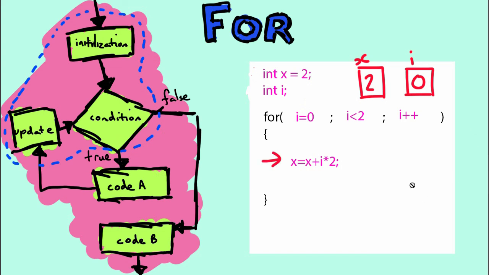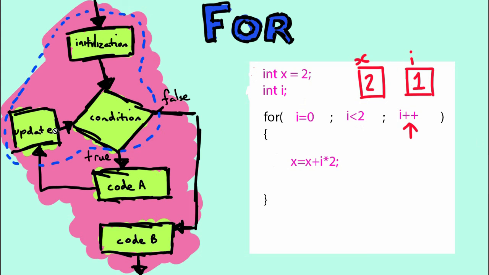Here we've got x becomes x plus i times 2. i times 2, so 0 times 2 is 0. So 2 plus 0 is 2, so x doesn't change. We then, following our flow diagram, go up to our update, and we increment i by 1. So now i is 1.